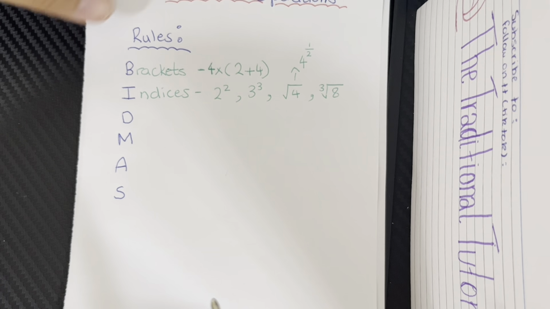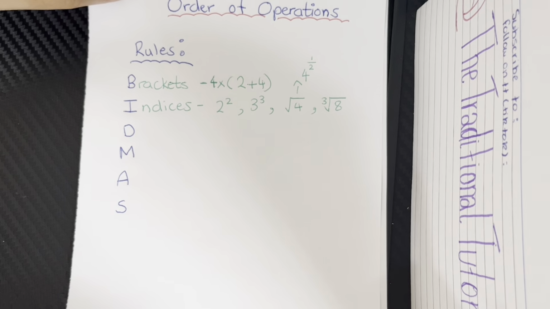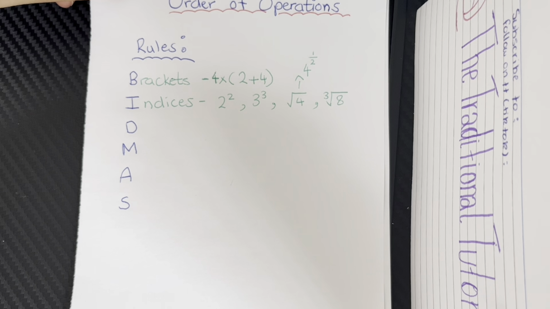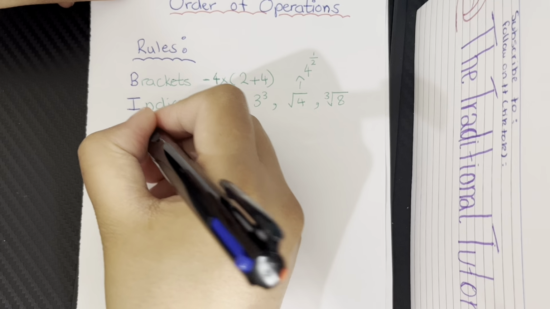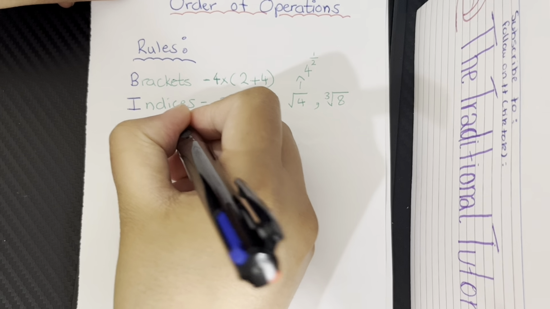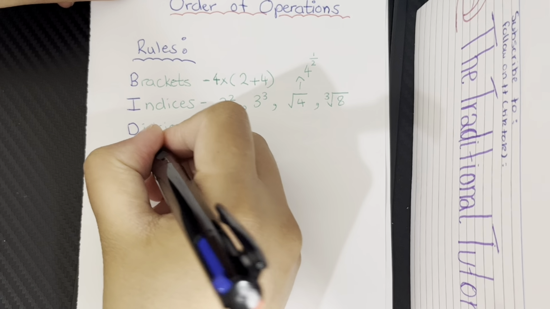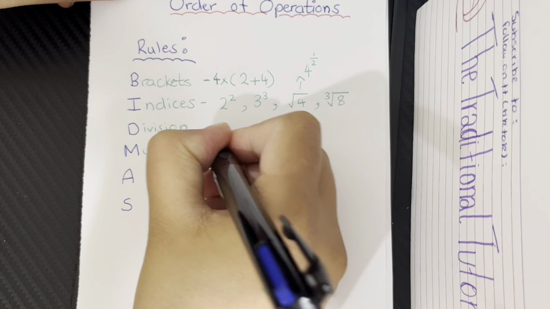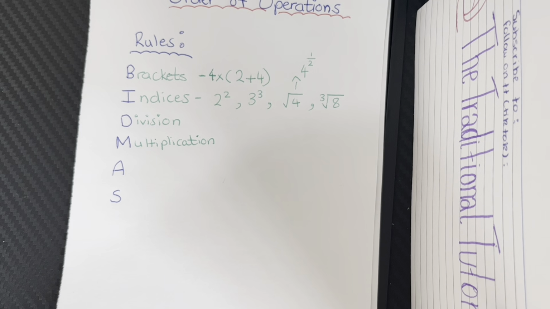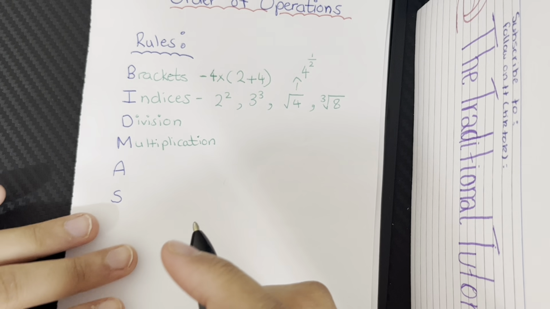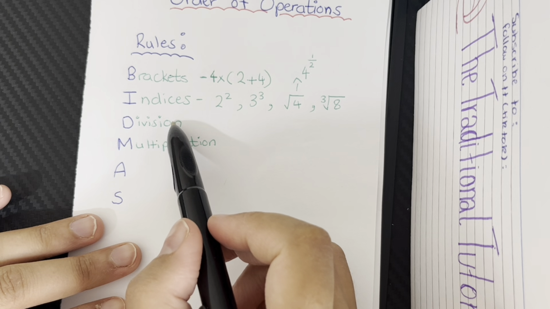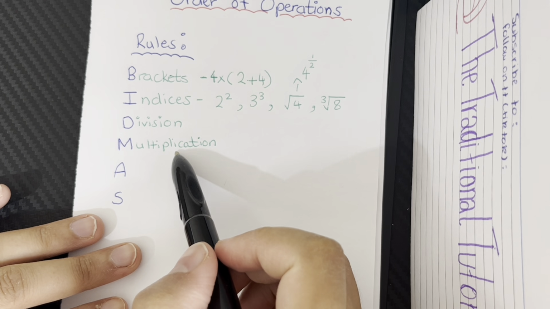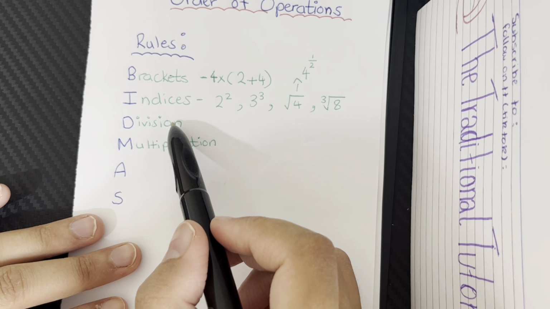And then next we've got D and M, which we tend to look at together, okay. By D we mean division, and by M we mean multiplication. Although the D comes first in BIDMAS, we tend to look at them together. If you've got a question with division and multiplication in it, you look at it starting from the start.